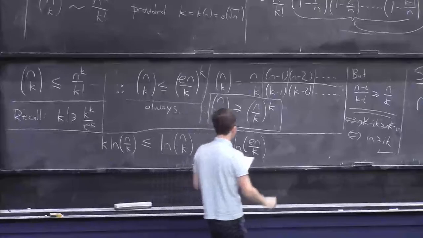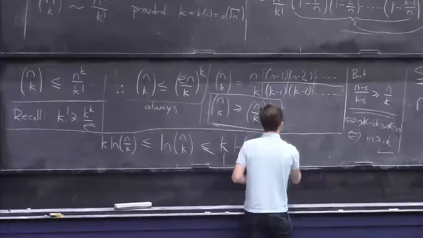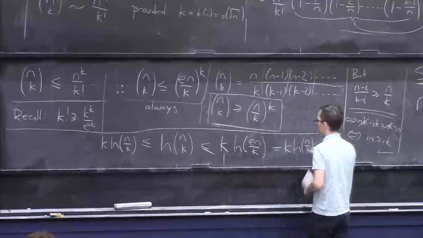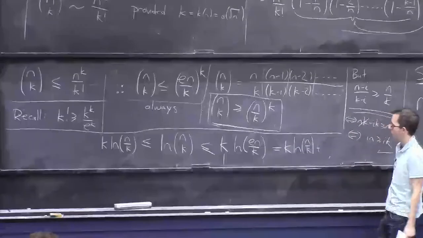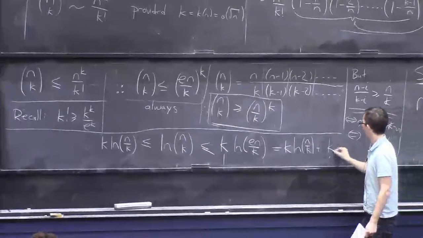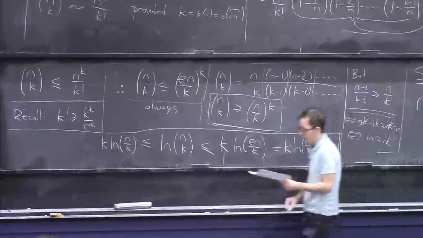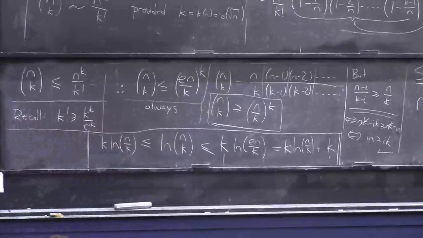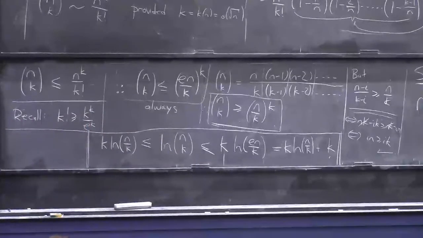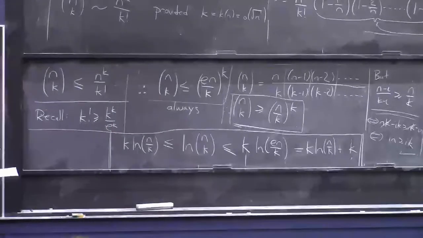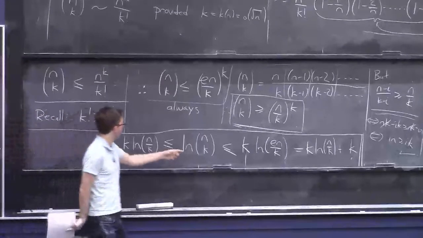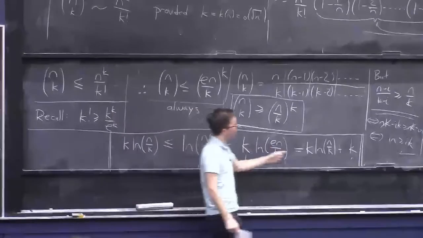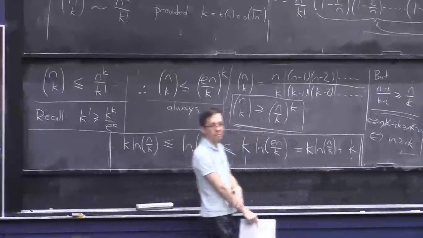OK, and I guess I can write this as k ln(n over k) plus k ln e, also known as plus k. So you can see it looks real great when you go through the log. The log of this binomial coefficient is very close to k times ln(n over k). It's off just by an additive k.